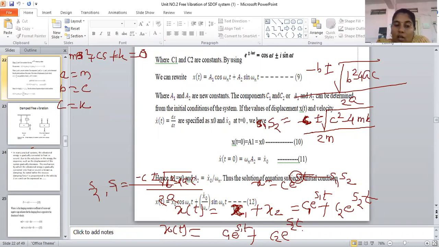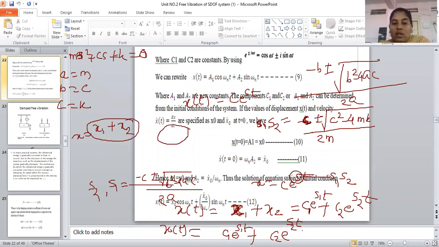And as per equation number 16, we had taken x of t equal to c into e raised to st. But now I have the values of s1 and s2, so x becomes x1 plus x2, that is c1 into e raised to s1t plus c2 into e raised to s2t.